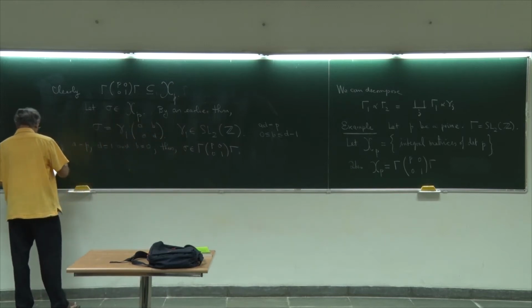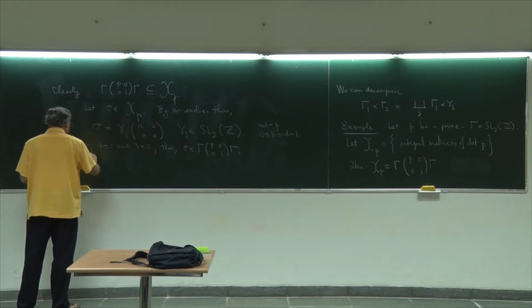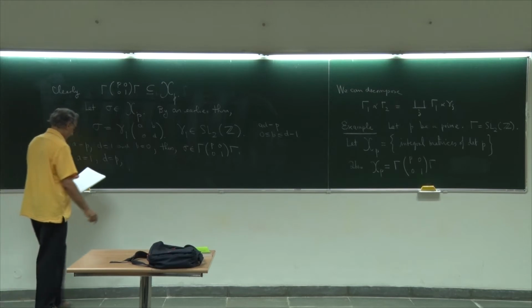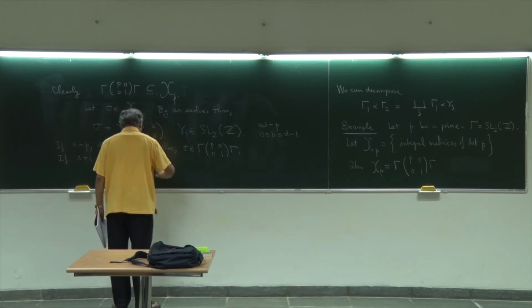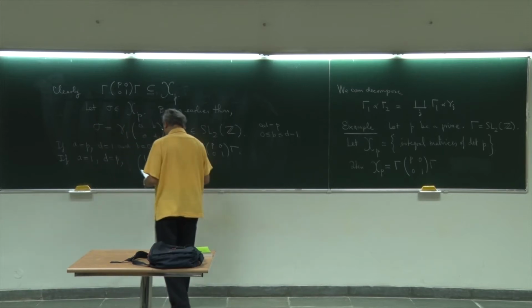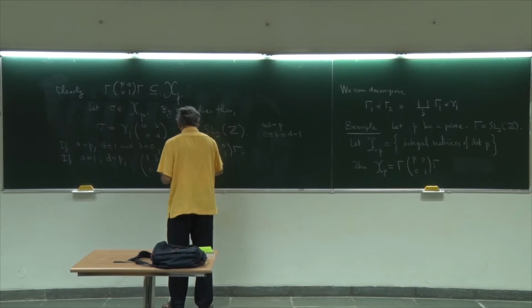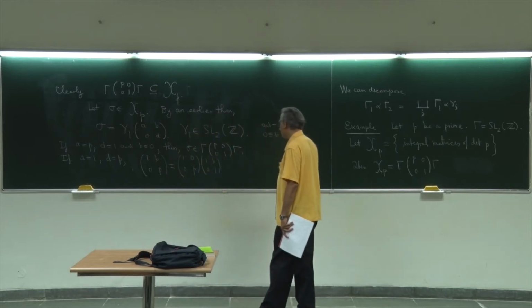Otherwise, if a equals 1, then d has to equal p. Then observe that (1 b; 0 p) can be written as (1 0; 0 p)(1 b; 0 1).